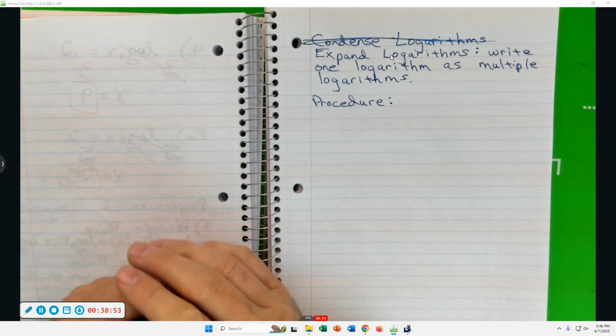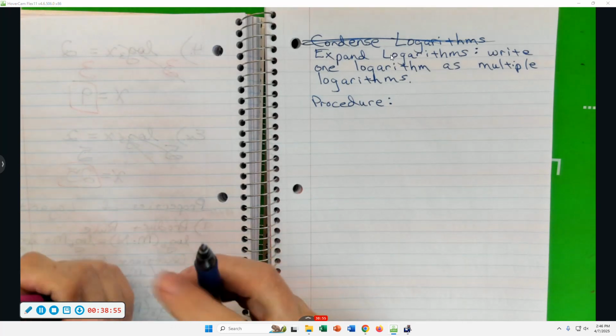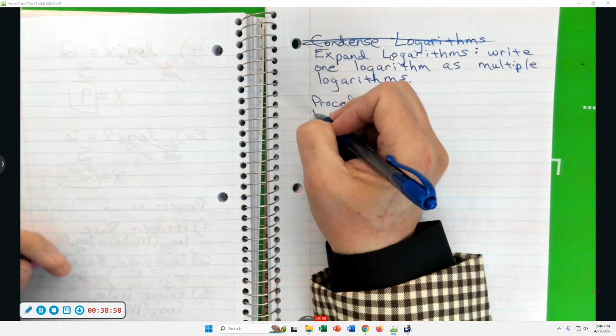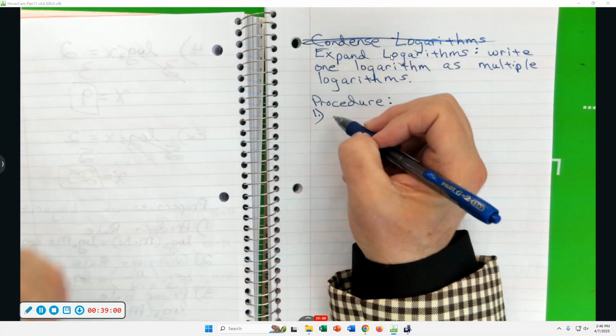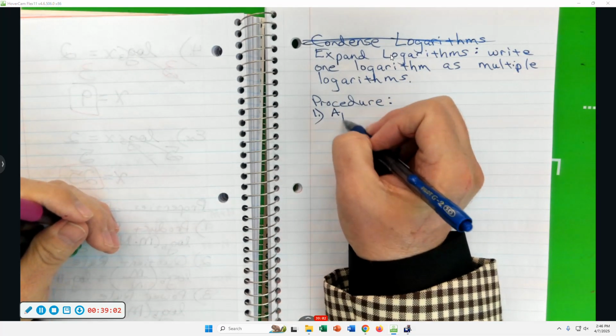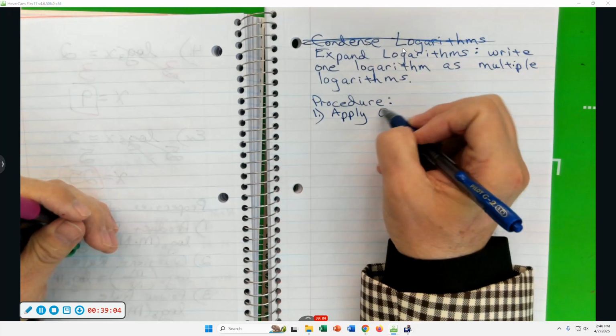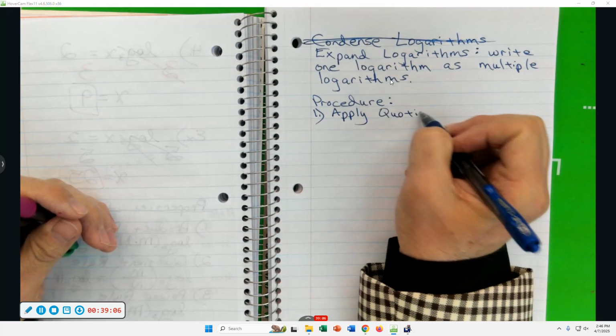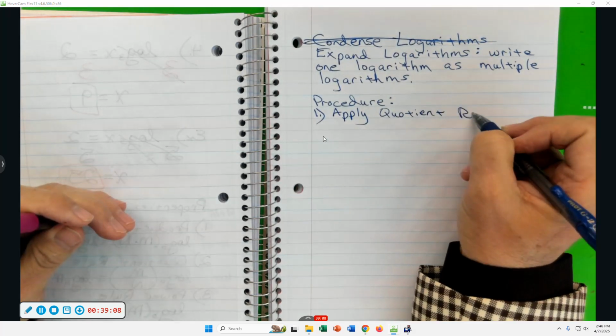Usually you look at the argument and ask yourself, is there a fraction? Usually there is. So in that event, you'll apply the quotient rule. So rewrite it using subtraction.